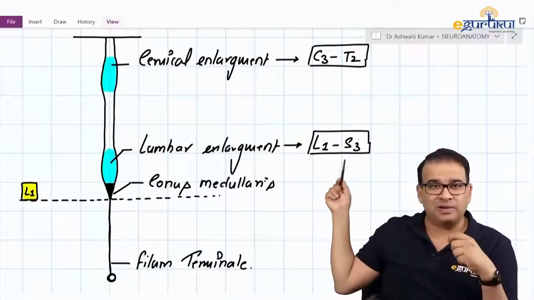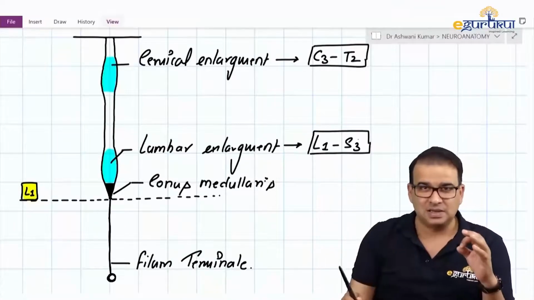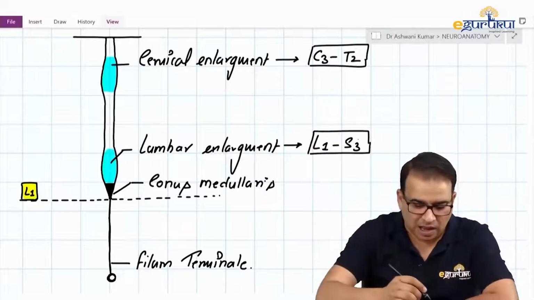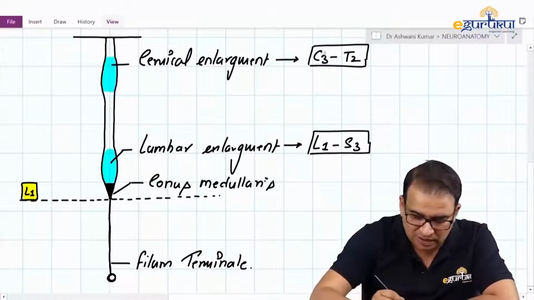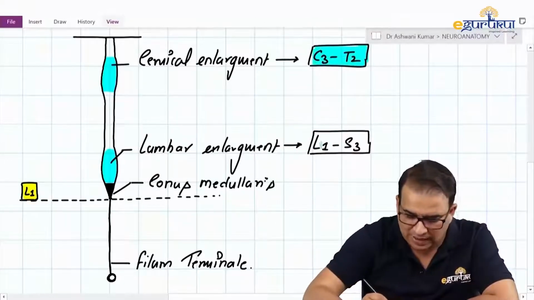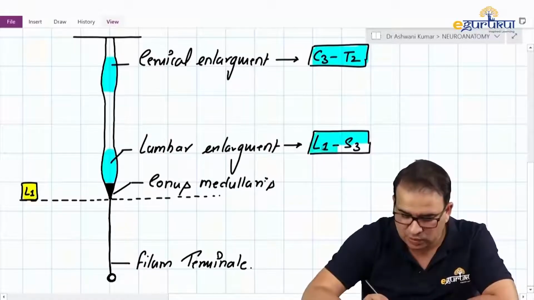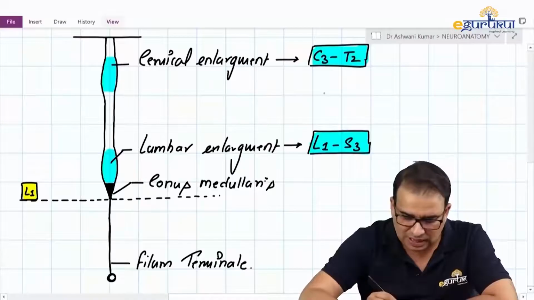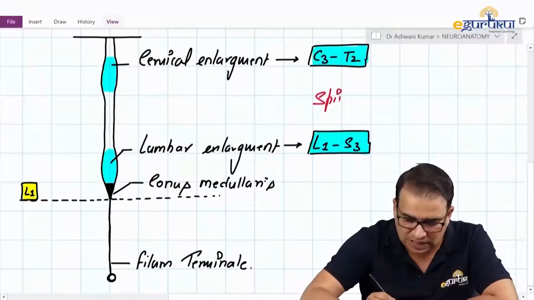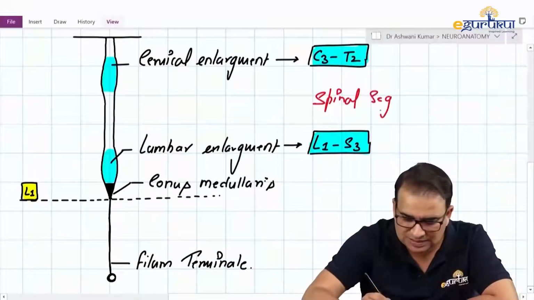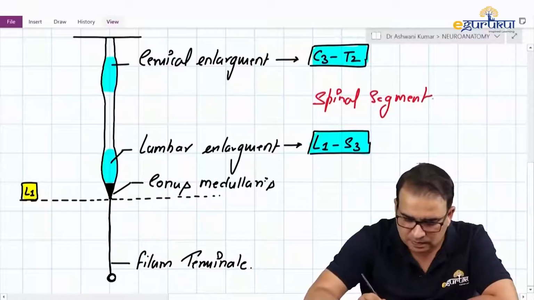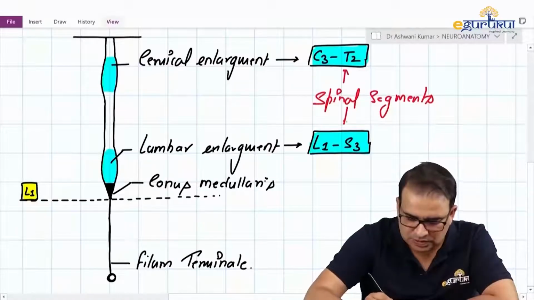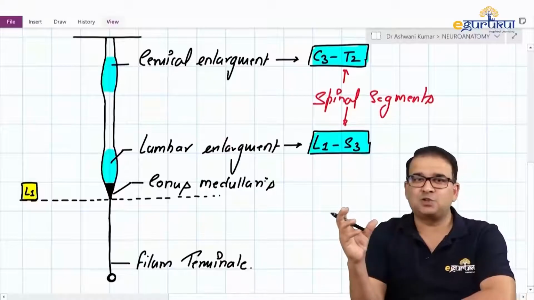So these are not vertebral levels. C3 to T2 and L1 to S3, especially L1 to S3, you have to remember, because it's in the lower part and it can confuse people. These are not vertebral levels, these are spinal segments. These are precisely the spinal segments which give rise to the enlargement.